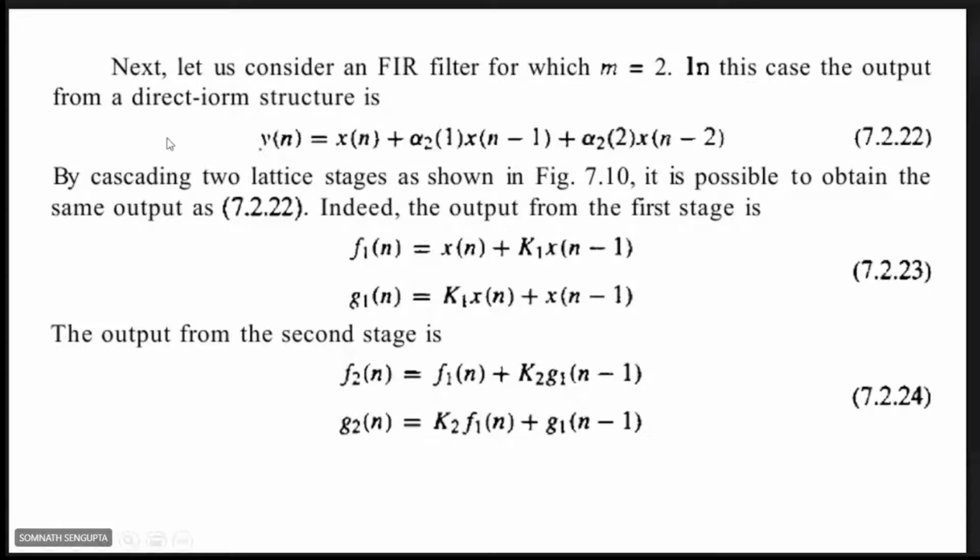So for the first case, the outputs we have got are f1n equal to xn plus k1 xn minus 1, and the second output g1n equal to k1 into xn plus xn minus 1. These are the two outputs of any lattice structure.